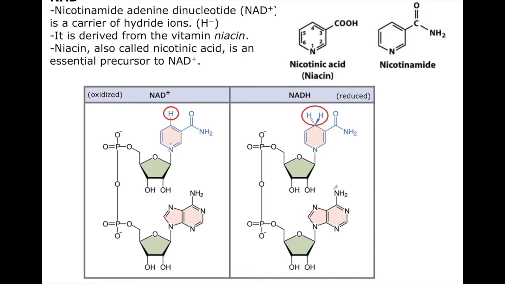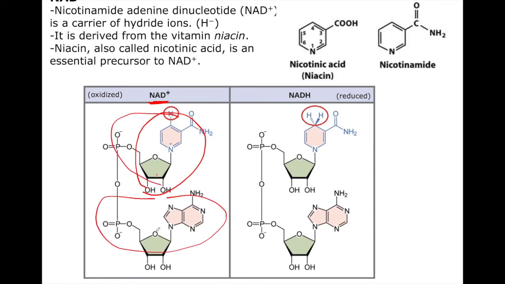Now, we said that our enzyme has a tightly bound NAD+ molecule. Let's look at that just a little bit. NAD+ stands for nicotinamide adenine dinucleotide. If you look at the structure down here, here's the NAD+, and if you remember the structure of ATP, we have a nucleotide here and a nucleotide here.